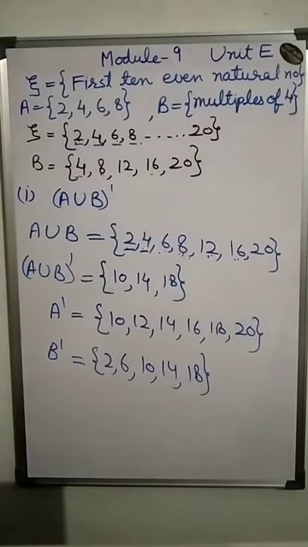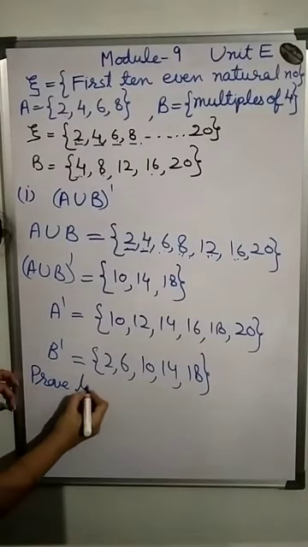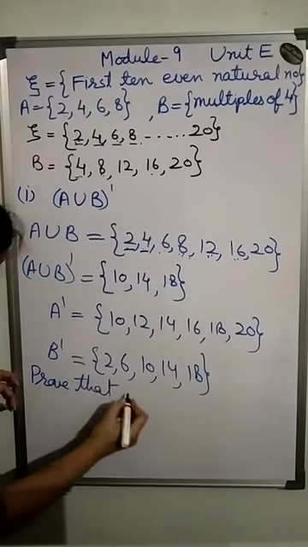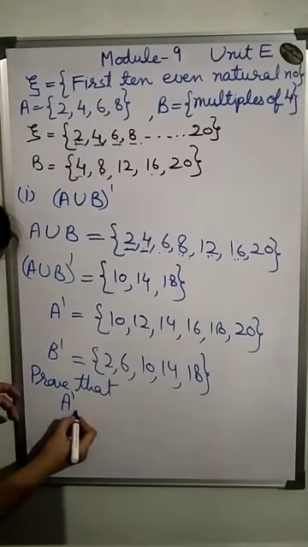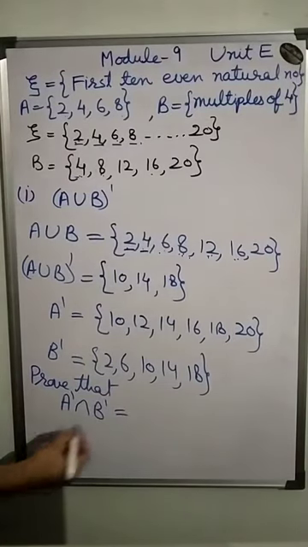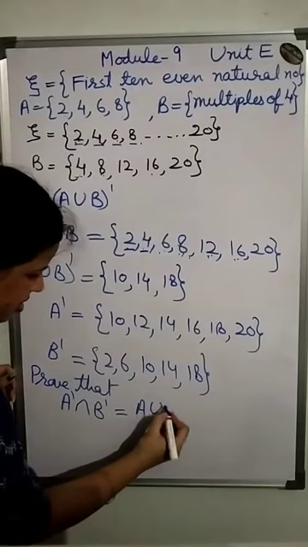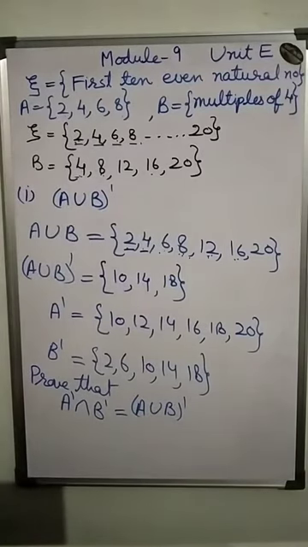Now what we have to calculate next? Then we have to prove that A dash intersection B dash is equivalent to A union B dash. So what we do here, we calculate the intersection of these two sets. Intersection means common elements.